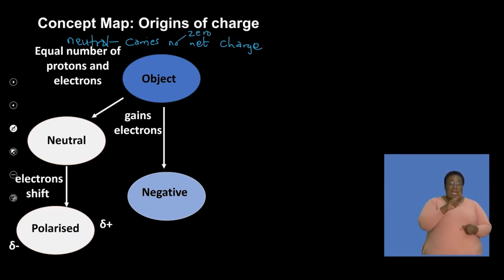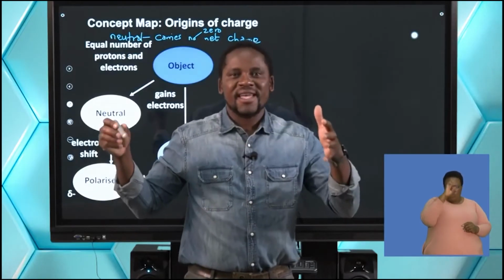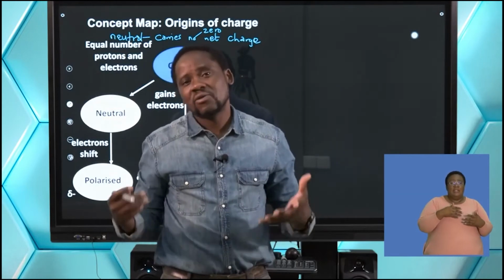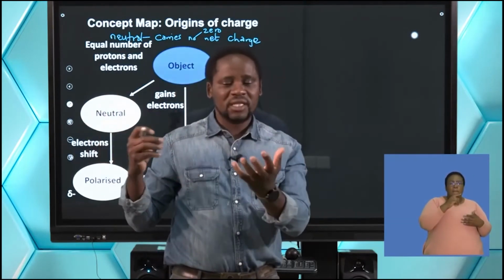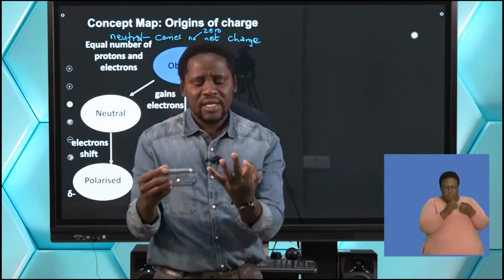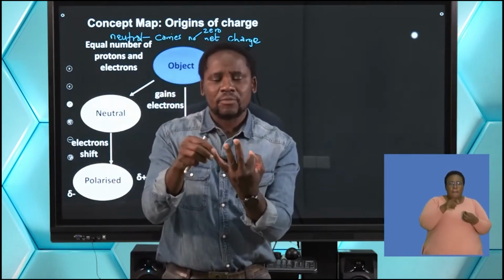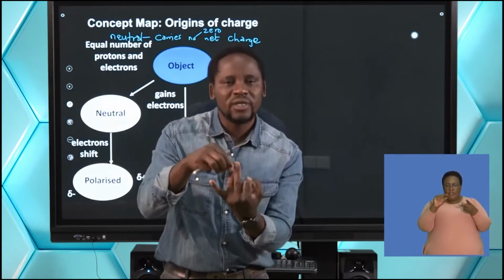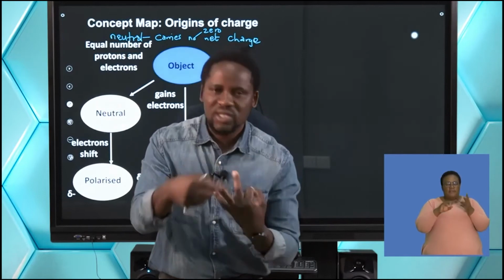Now, if the net is zero, remember, any matter, as we know it from an elementary level, consists of subatomic particles: your protons, your electrons, your neutrons. The proton is positive, the electron is negative, and the neutron, as the name suggests, is neutral.